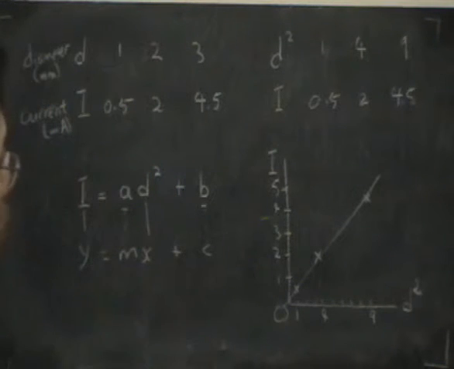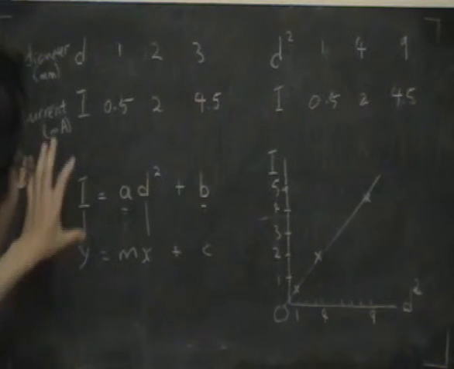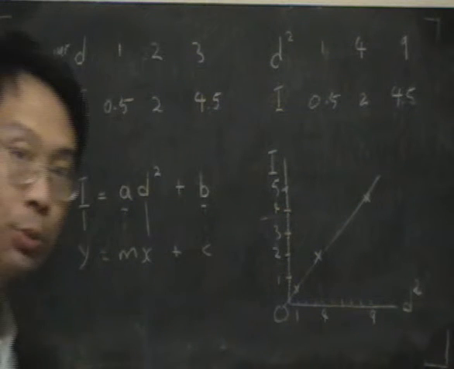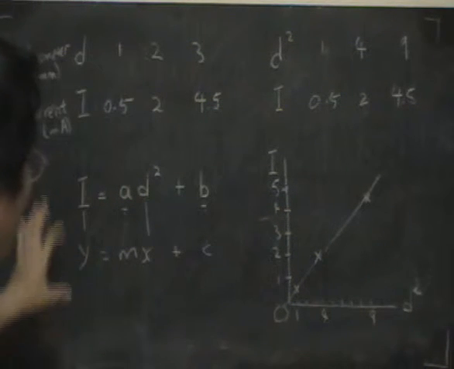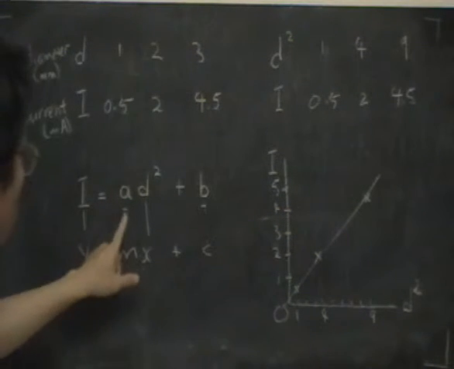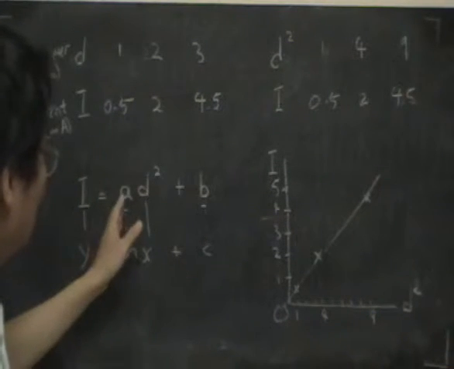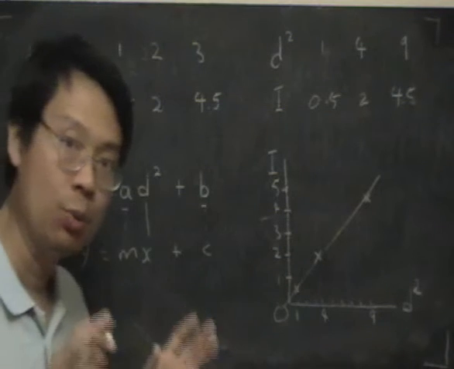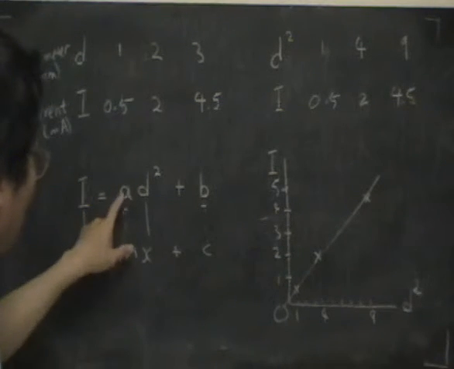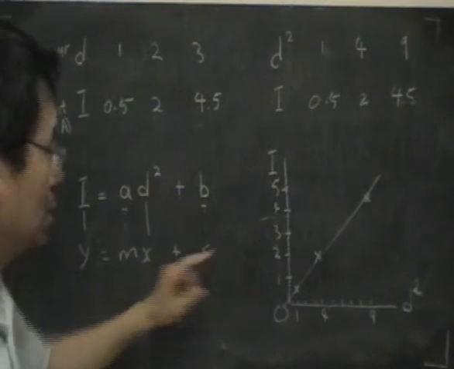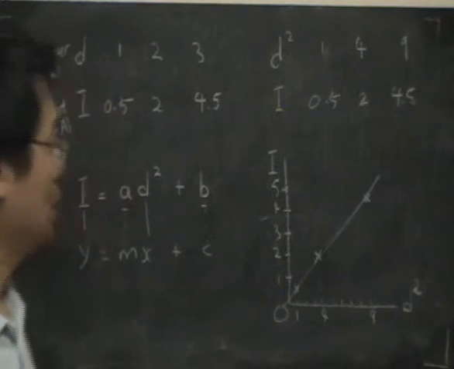So now that we have got the straight line, let's come back to the formula and try to find this formula. Now we want to find A and B. If we know these numbers A and B, we have the formula, and we know that A is the gradient and B is the intercept. So let's look at this graph.